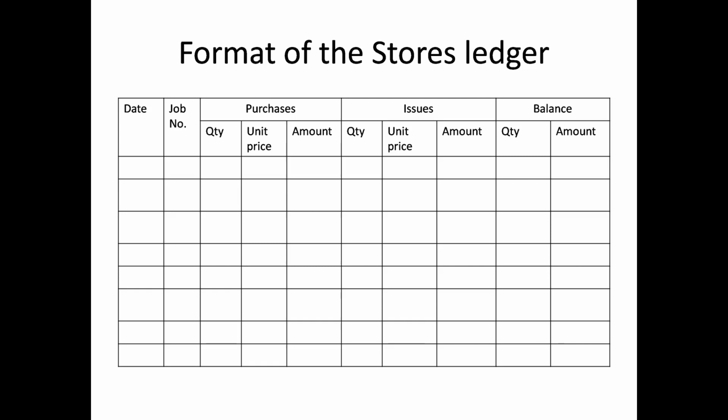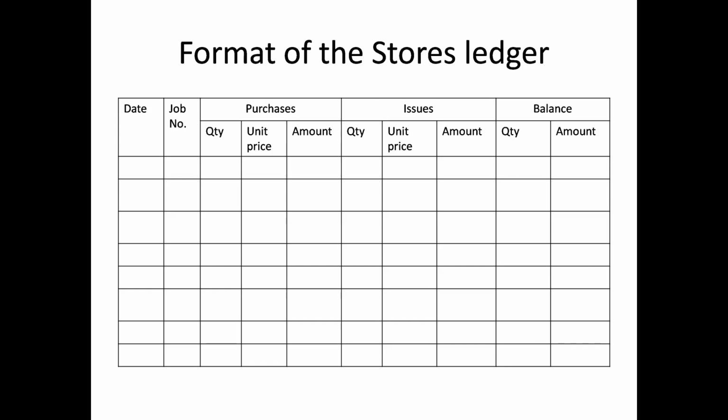Look at the format again. First column, date. And first of all, you can write down the month and the year. Here I have entered January 2020. And in this method, there is a job number allocated to each inventory.